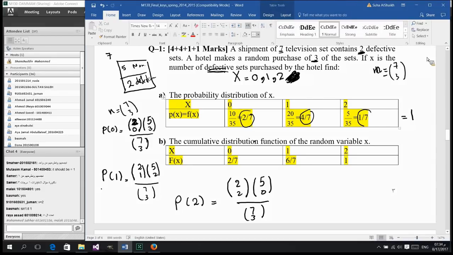After simplification, it is 10, 20, and 5, over 35. So the total is 1 actually.